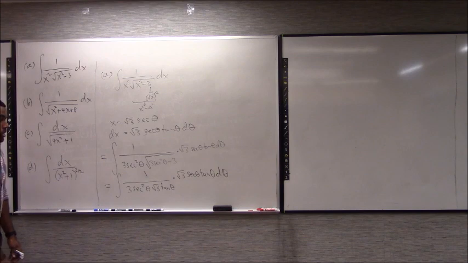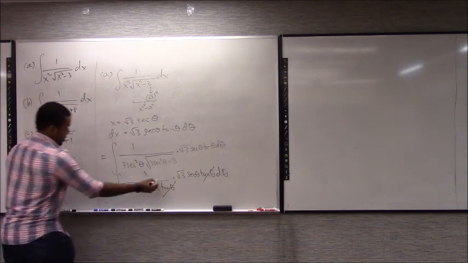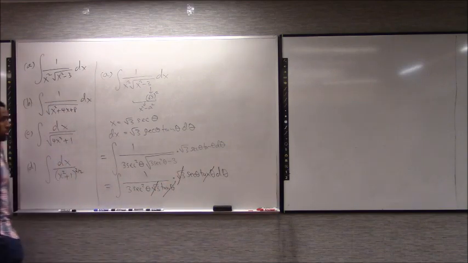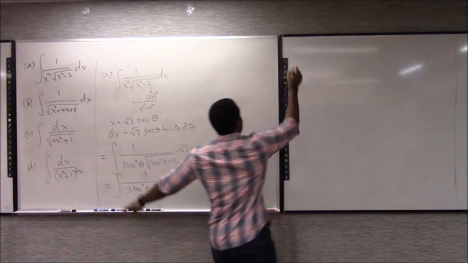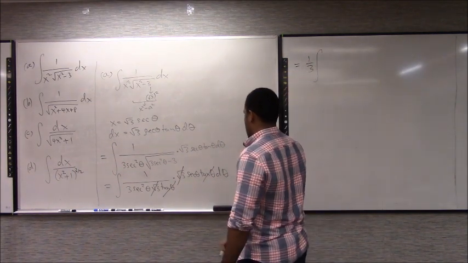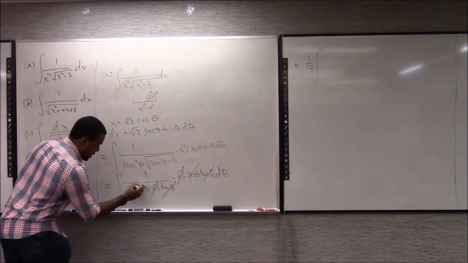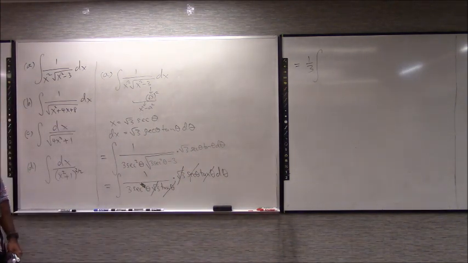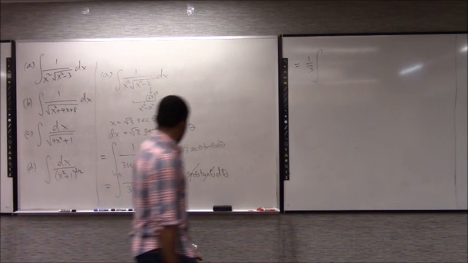Now we start simplifying. Tangent, tangent, radical 3. This constant 3 can be factored out, and you can cancel one of these secants. When the dust settles, we're left with cosine over 3.